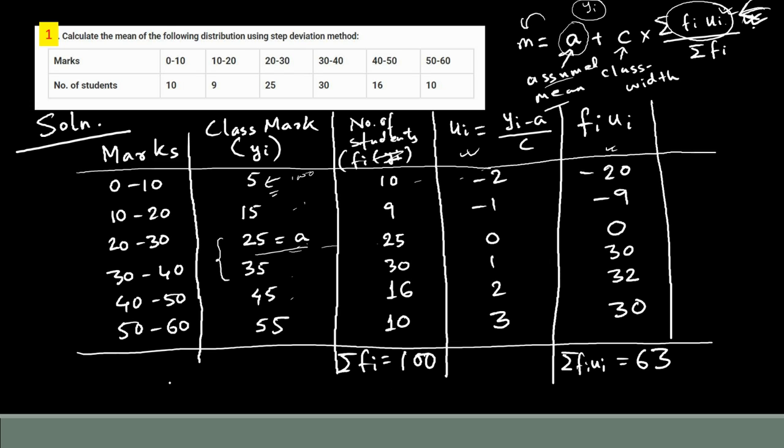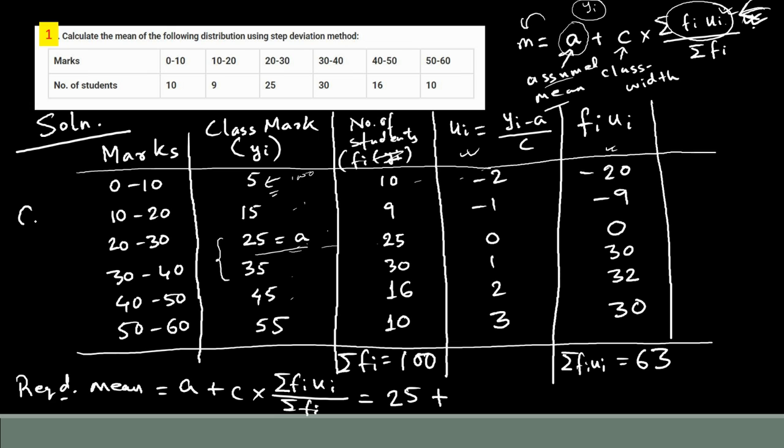Okay. Now we have another sheet. Now let me do it here. You can see this better. At least let me do the formula here. Required mean equals a plus c times summation fi ui divided by summation fi. We wrote it here, right? So a, 25, is our assumed mean.